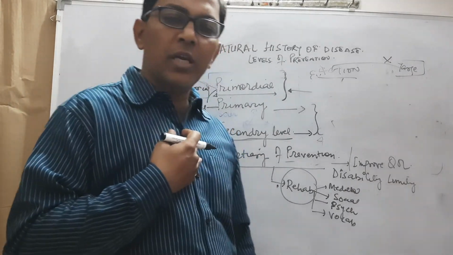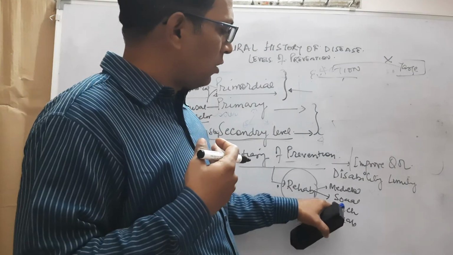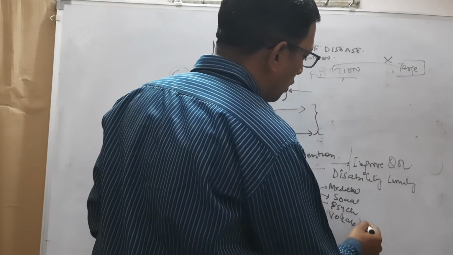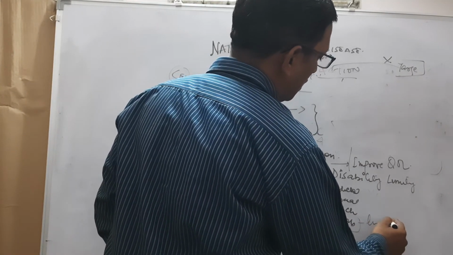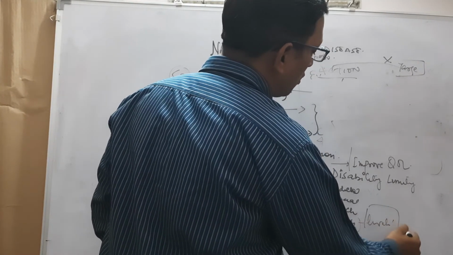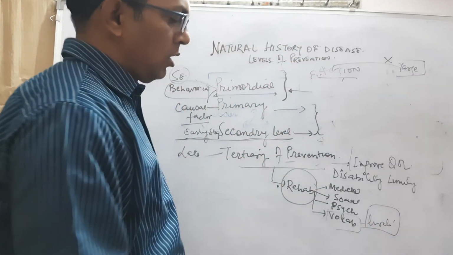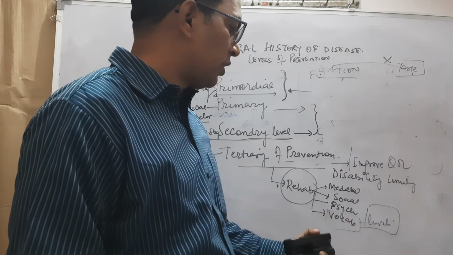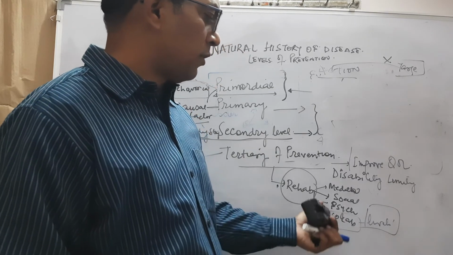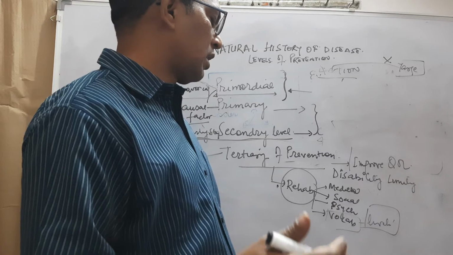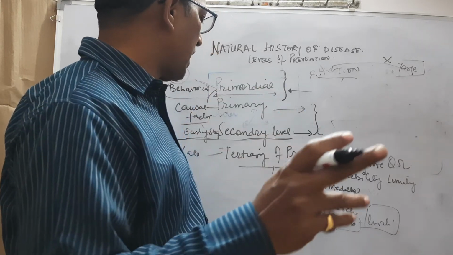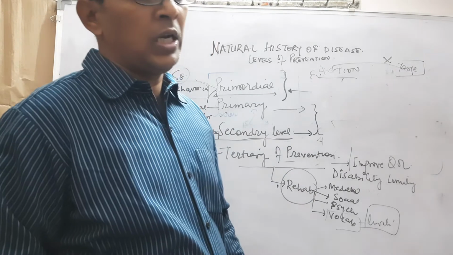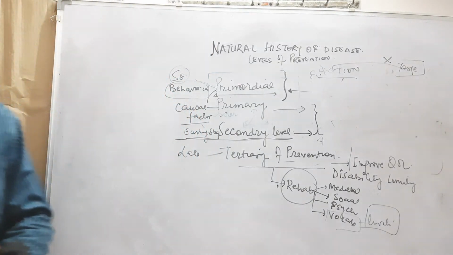If self-esteem is being improved, this is your psychological level of prevention. Vocational means providing livelihood. If you talk about reservations for the compromised people, the government is already providing for disabled people a certain level of reservation. This reservation would again come under rehabilitation and under your tertiary level of prevention.